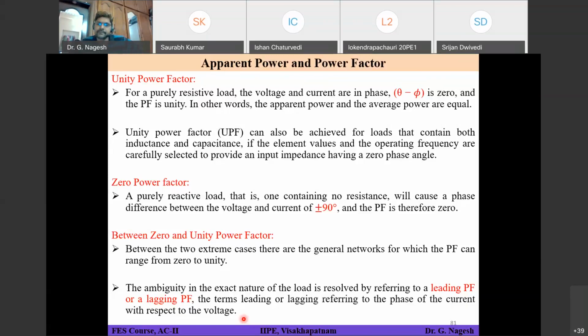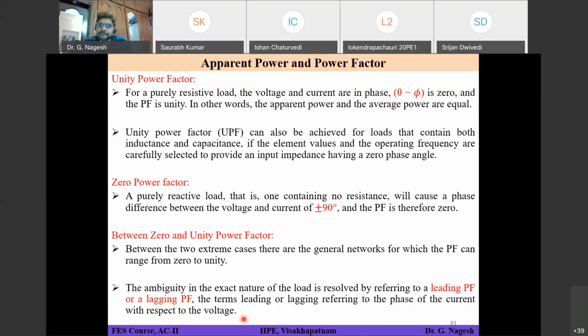Is it clear to all of you with regards to all these terminologies? Unity power factor, zero power factor, lagging and leading loads, inductive nature load, capacitive nature load, apparent power, average power. Is it clear to everyone? Yes, sir.